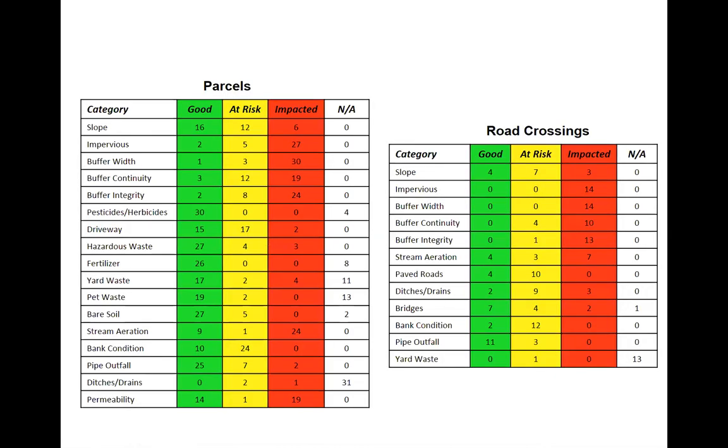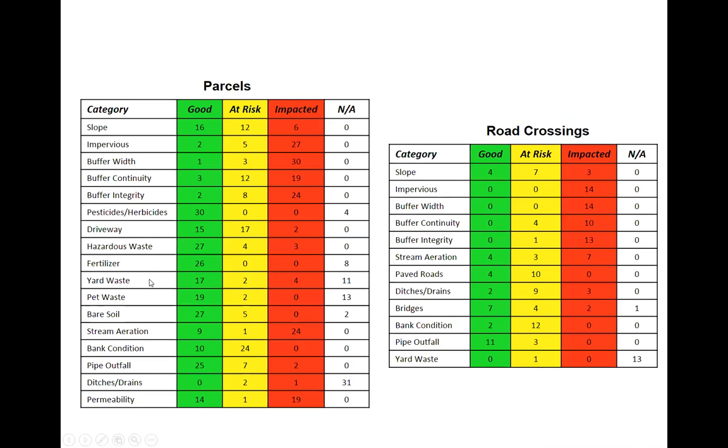And then we could disaggregate the data in a lot of ways. In this way, we were just showing them the number of parcels that fell under each of the zones for these factors. And so if you look at something like yard waste, okay, for a lot of the lots there was no problem, but significantly, 6 out of these were impacting the stream.